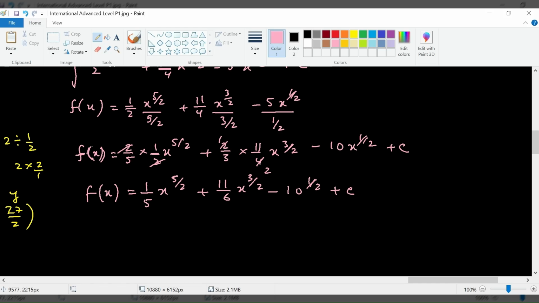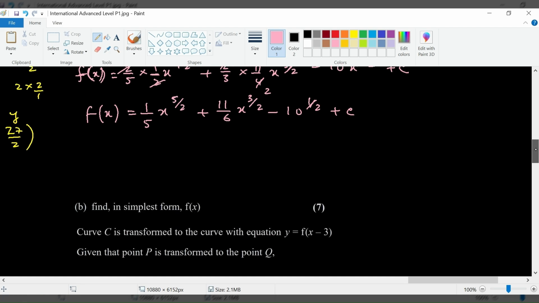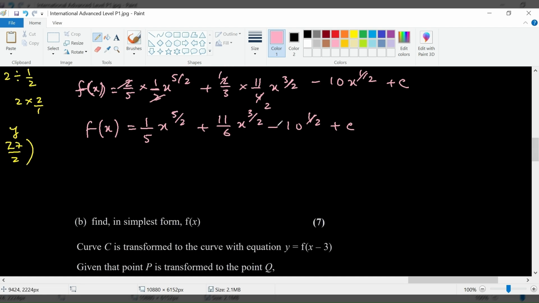Now further simplification is going to be something like this. Now this function is giving us a negative 5, as you can see in the question. So I will write a negative 5 over here, which is equal to 1 over 5.